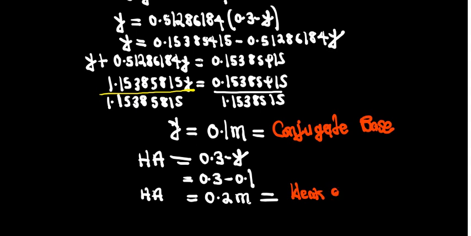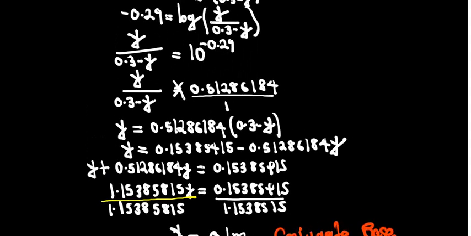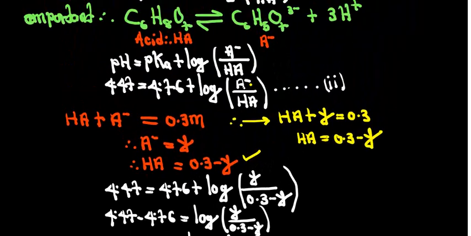And remember what I said initially. In the question, we were told to say the citrate buffer has a concentration of 0.3. And I told you that when they are mentioning a citrate buffer, it is a combination of the conjugate base as well as the weak acid.